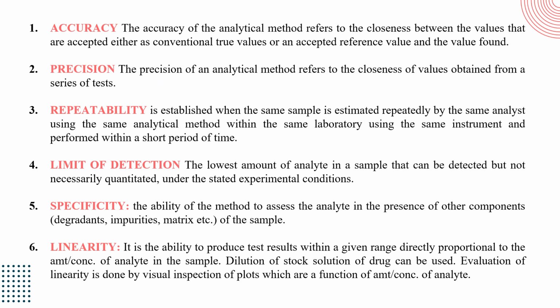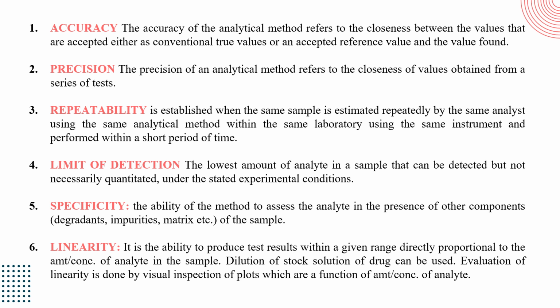So first is accuracy. Accuracy means the closeness of the value obtained from the test sample to the value of the standard. That's it. Second is the precision. So precision is an analytical method in which the value obtained is close to the standard by performing a series of tests.